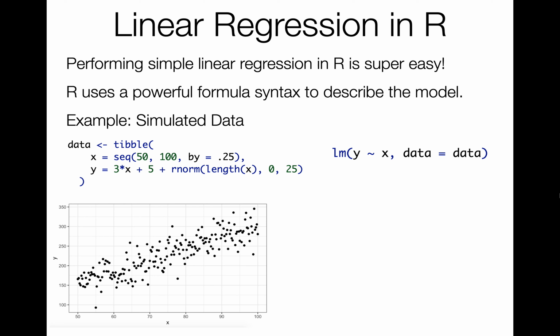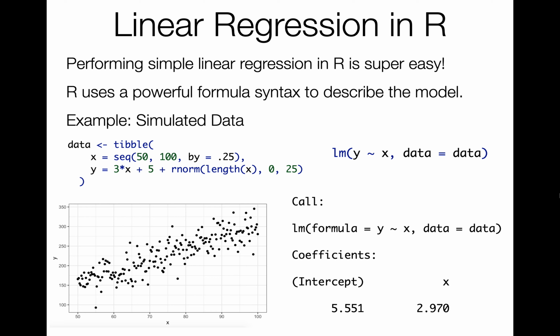Now, we know the tilde from our purrr anonymous functions or lambda expressions, whichever you prefer they be called. This is not an anonymous function here. This is something different. It creates a formula, whatever that means, and then you feed it the data, and out pops an estimate of the slope and the y-intercept.